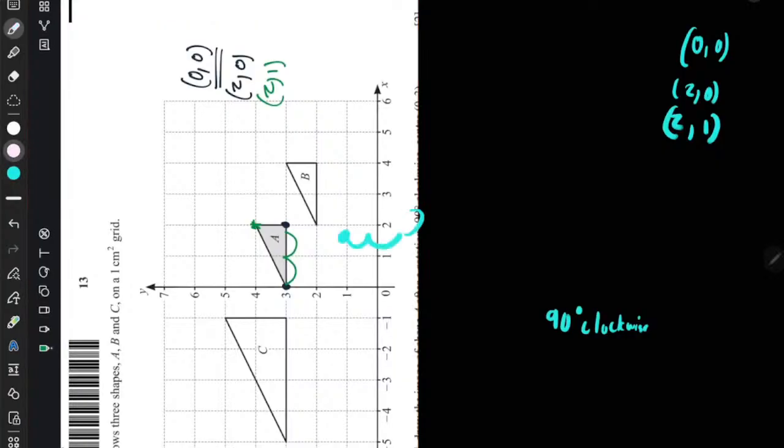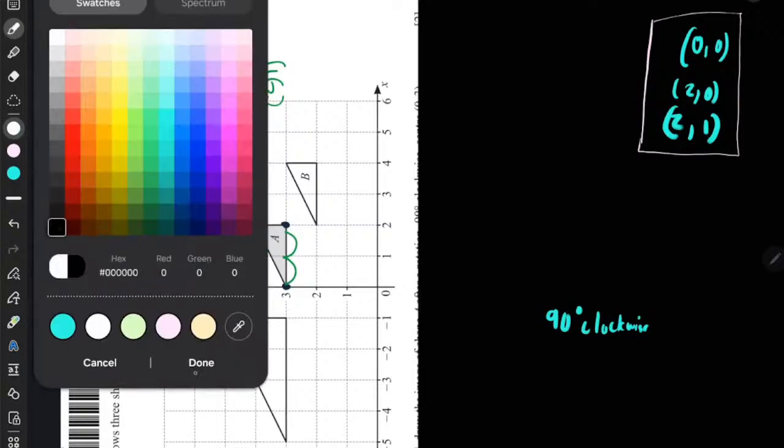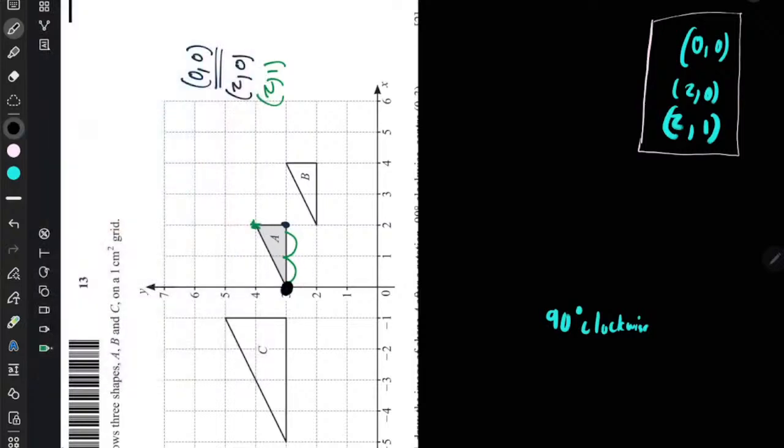Then I am going to put these same points. Let's put the same points. From where, sir? From the center. Go to the center of rotation. Here it is. Now the first one is at 0, 0, so it will still be here. The second point is 2 in the x, 0 in the y.